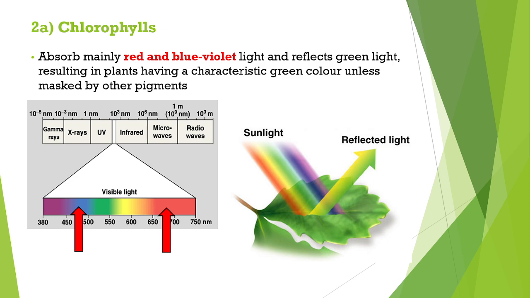Not all green light is reflected, but most of the green light that comes into contact with chlorophyll will be reflected. That's why we see chlorophyll as green, and that's what gives the leaves the green color, because of the chlorophyll, unless masked by other colored pigments.